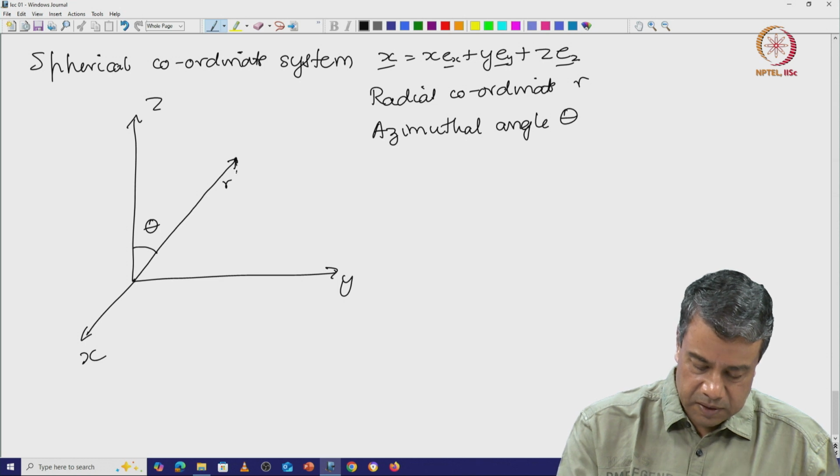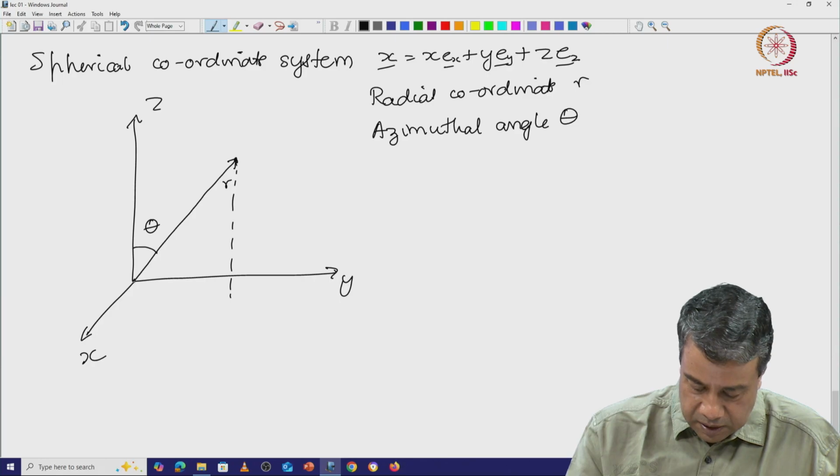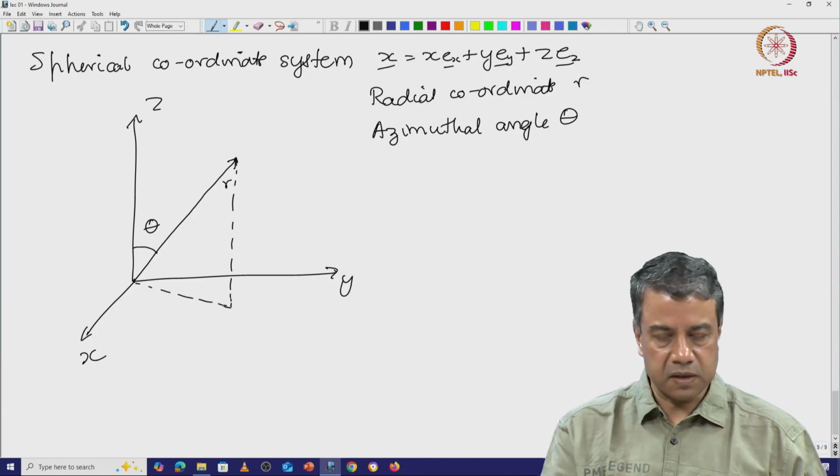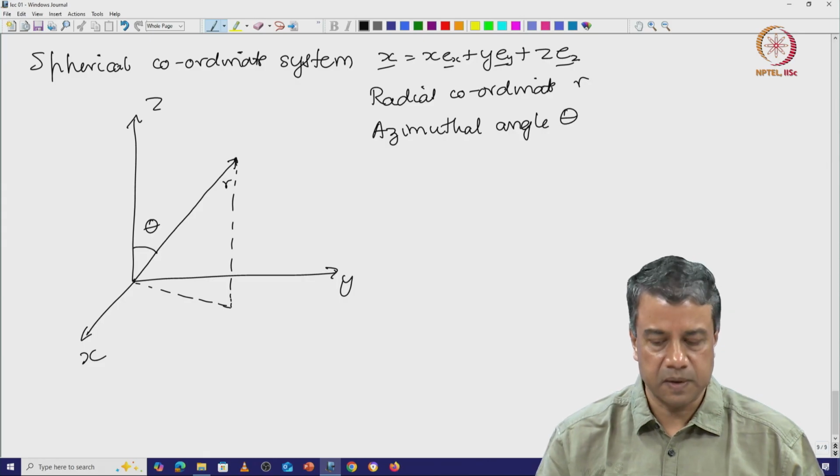The third one is you take the projection of this position vector onto the xy plane.